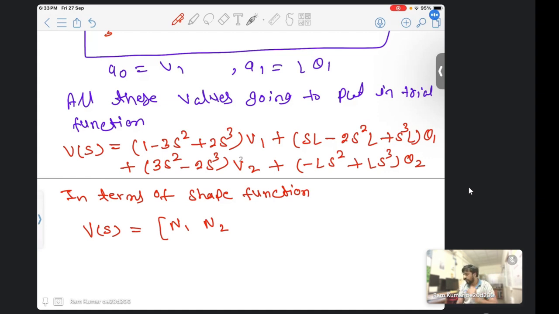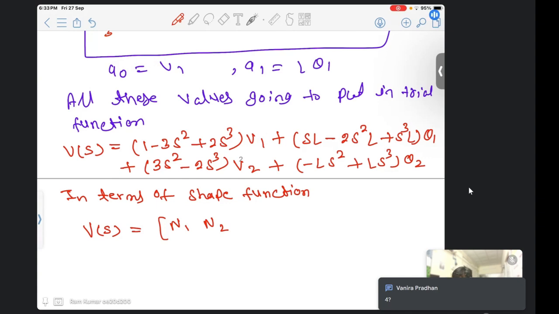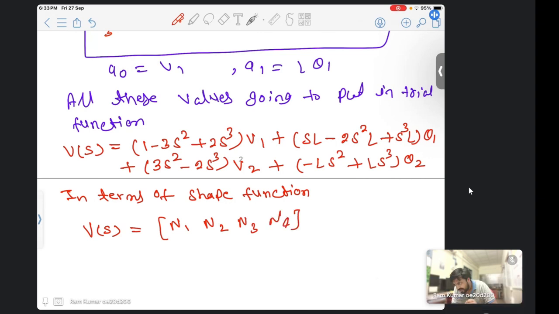Yes, 4 only. So n1, n2, n3, and n4, these are four shape functions, times the nodal displacements b1, theta 1, b2, theta 2.